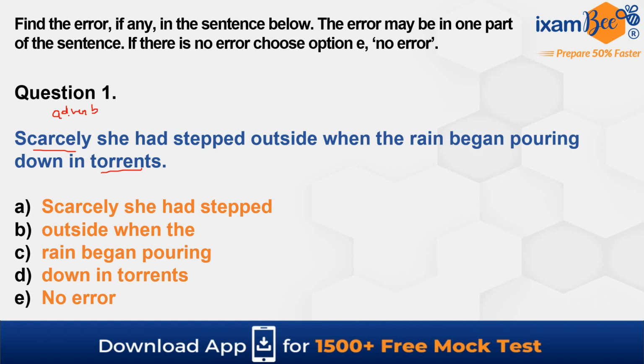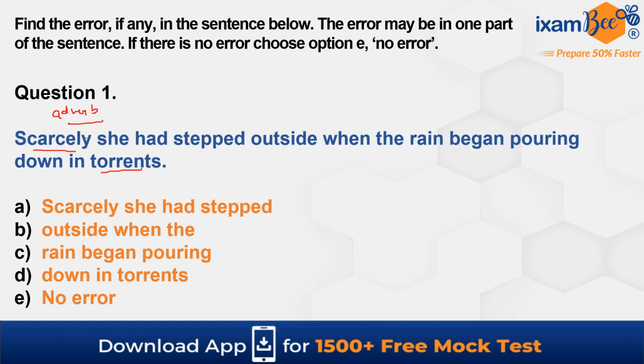Scarcely, rarely, hardly, right? These are your adverbs of frequency. These are the adverbs which tell us how often or how frequently a particular action happens, right? So scarcely is your adverb of frequency.